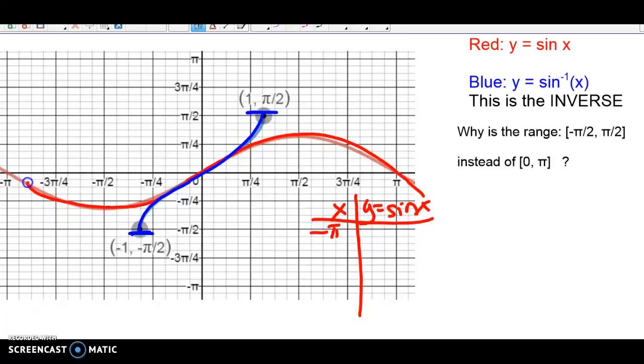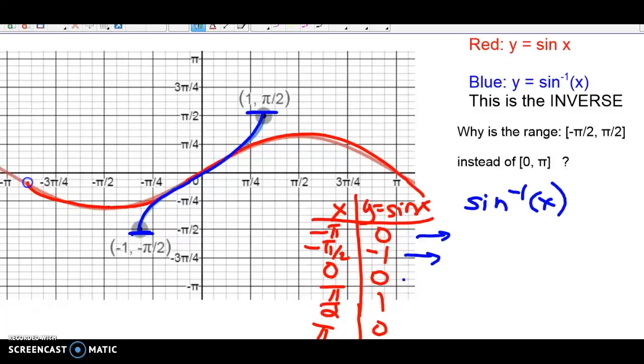Sine of negative pi is 0. Sine of negative pi over 2 is negative 1. Sine of 0 is 0. Now we have pi over 2 is positive 1. Pi is 0 again.